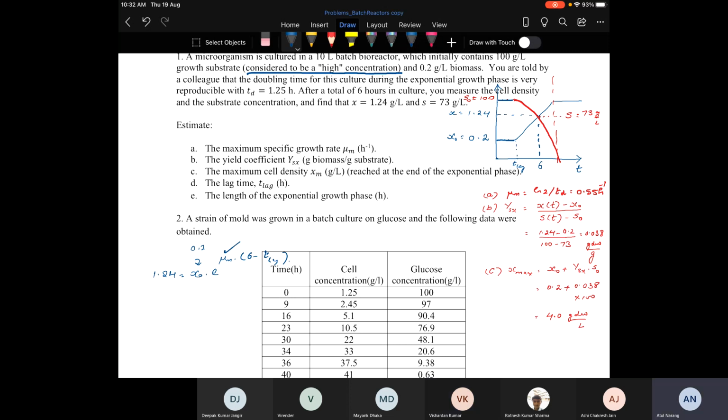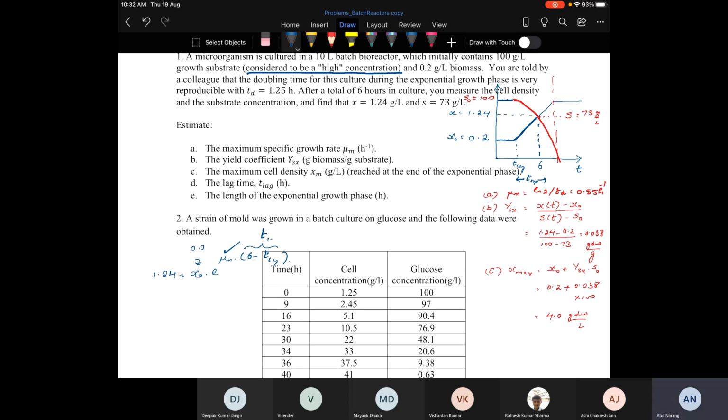So essentially what you're saying is that you know what happened during these 6 hours, right? During these 6 hours, there was exponential growth, right? So if you want, you can call this quantity TEXP.